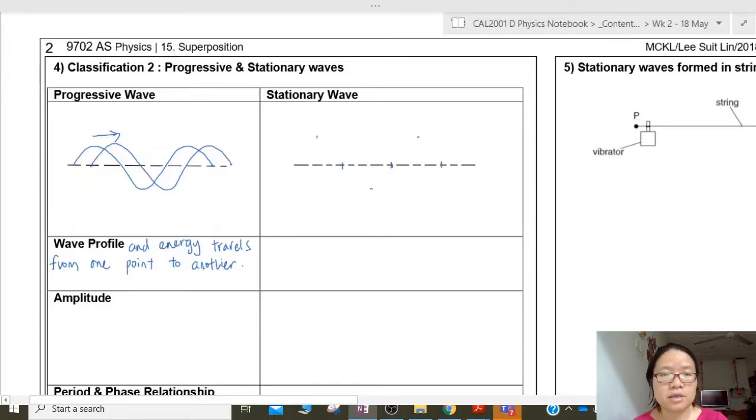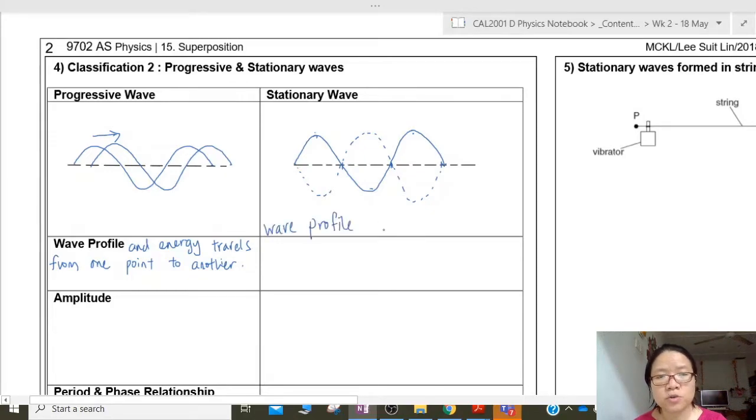Okay, and for stationary wave, I'm just going to draw a rough drawing here for you. Okay, now stationary wave, because it is in place and we are not in Hogwarts, so I cannot animate the GIF for you. But I'm just going to draw a dotted line to show the alternative maximum position. Okay, but there's only one wave.